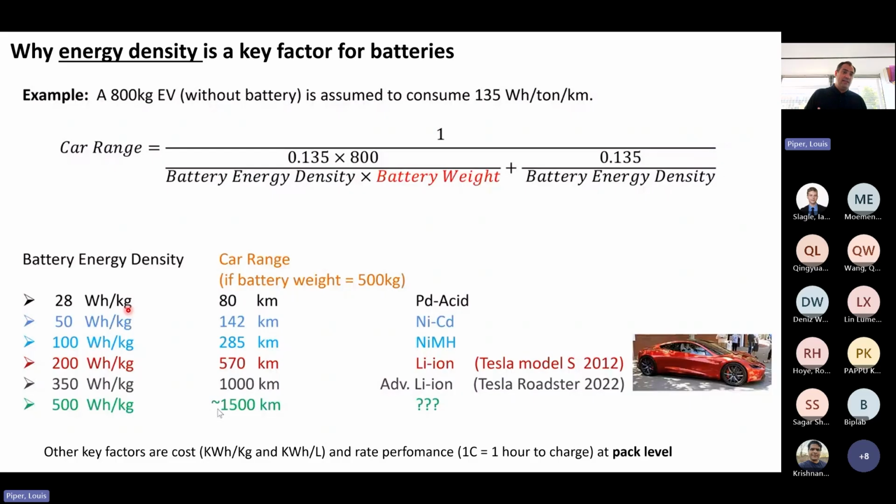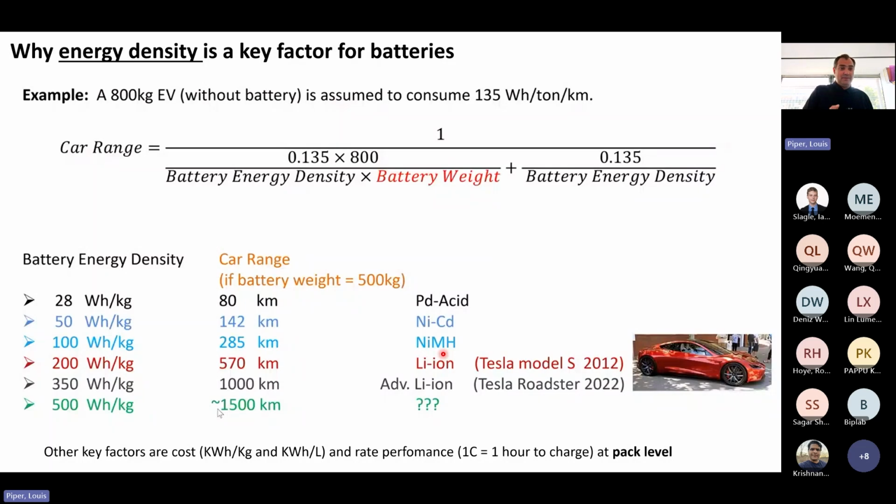So that becomes a really important unit. If you look at the types of chemistry you can have, for the range you're interested in, lead acid chemistries do not give enough energy density. That's where things started to open up with lithium ion, because at the cell level you are able to achieve nowadays around 300 watt hours per kilogram.